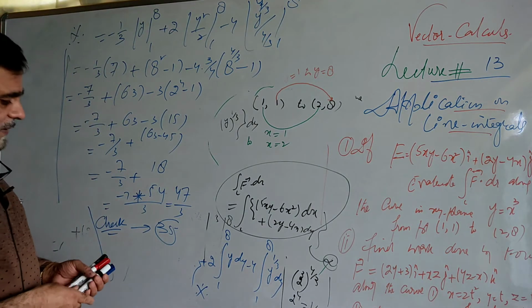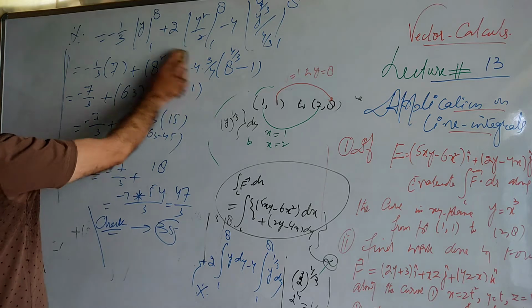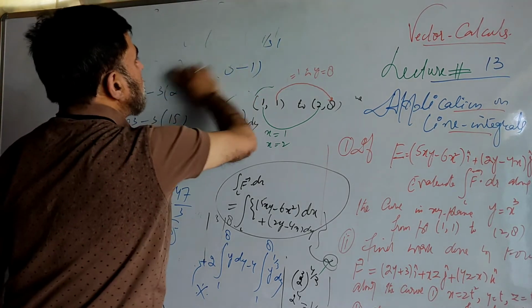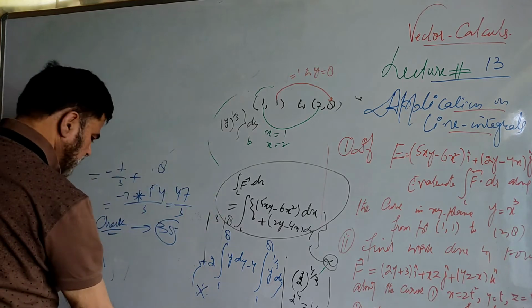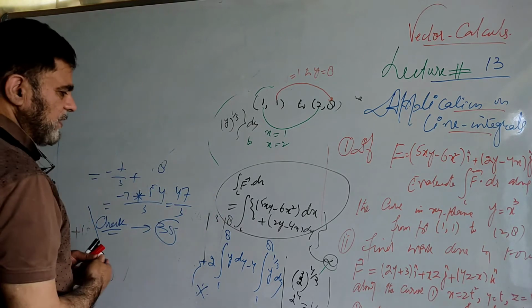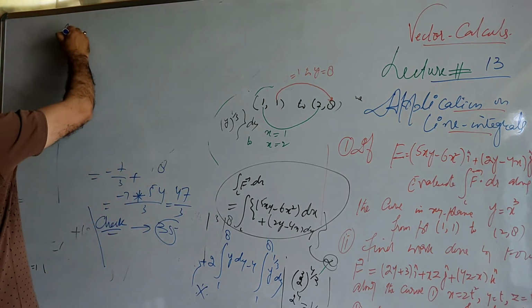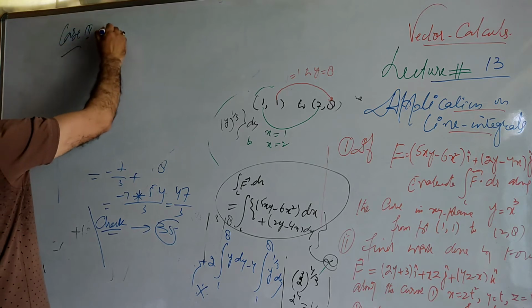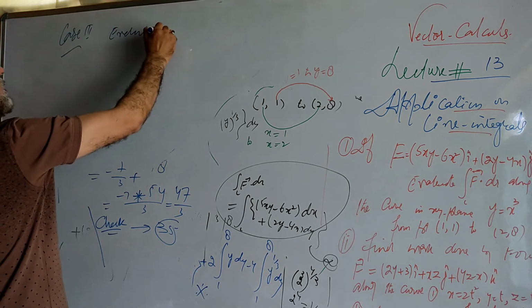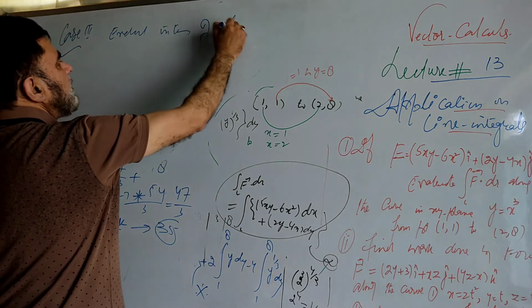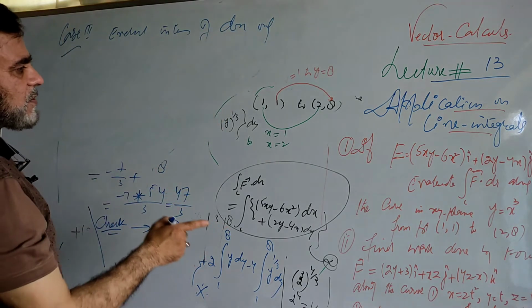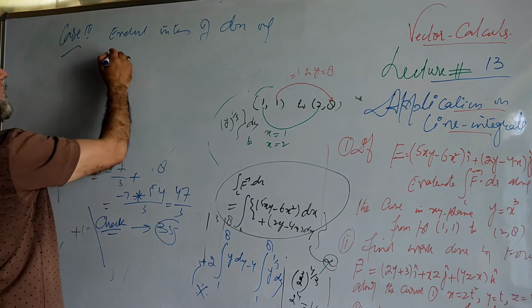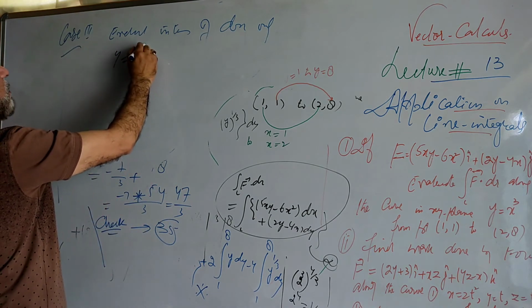Well, if you evaluate this in terms of case third, you will do it. Case third is evaluation in terms of dx only. There you will use your curve, y is equal to x cube.